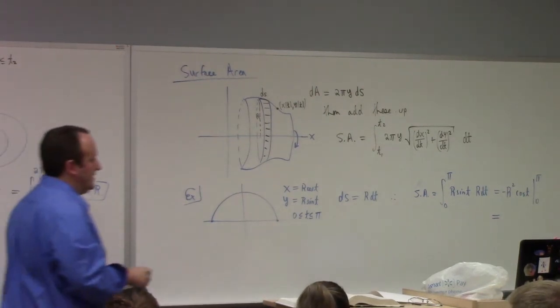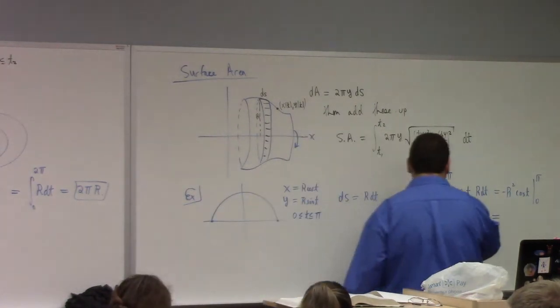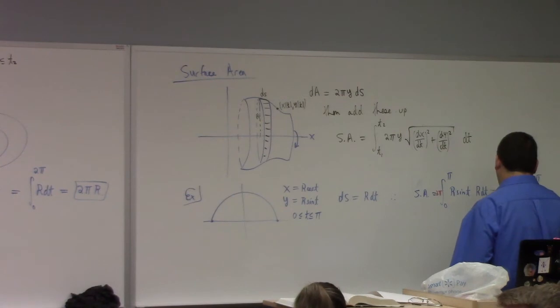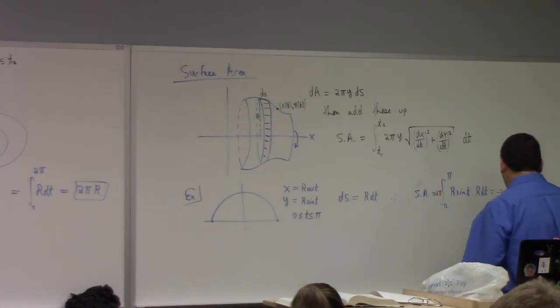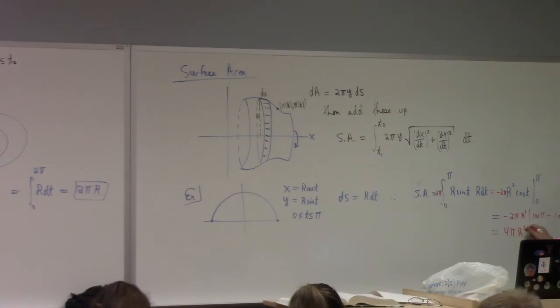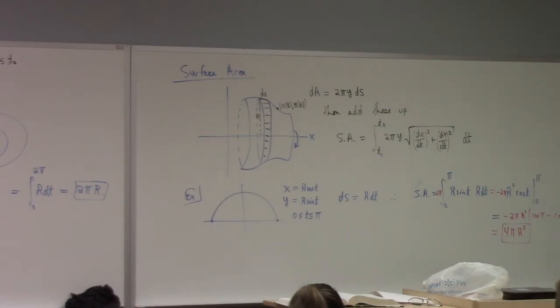So I neglected that down here. So what we've got is minus 2 pi r squared times the cosine of pi minus the cosine of 0, also known as 2 times pi r squared times 2. There you go. 4 pi r squared is the surface area of a what? A sphere, right.